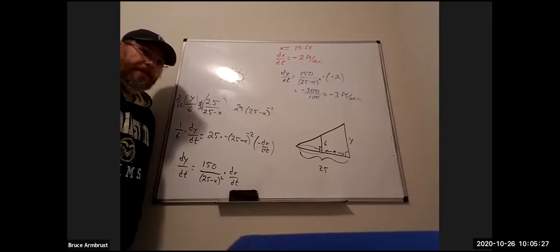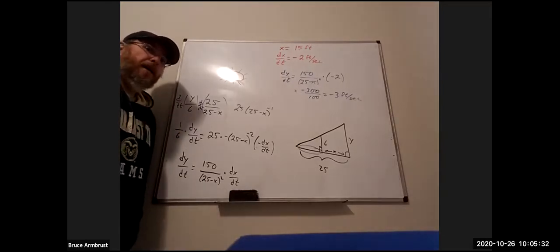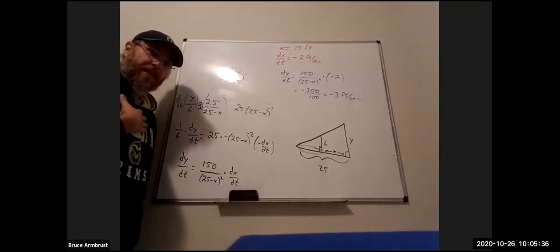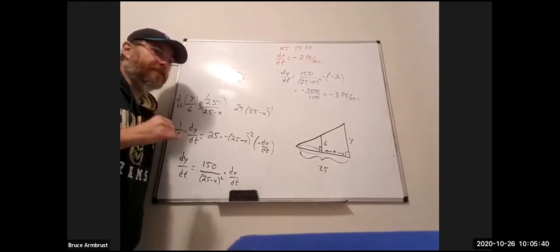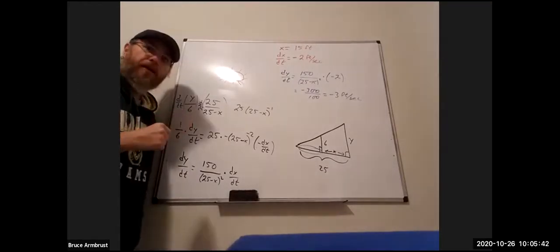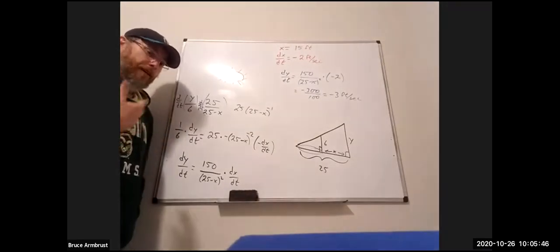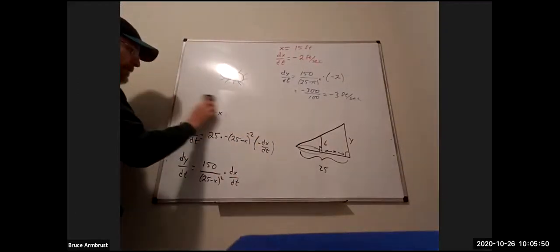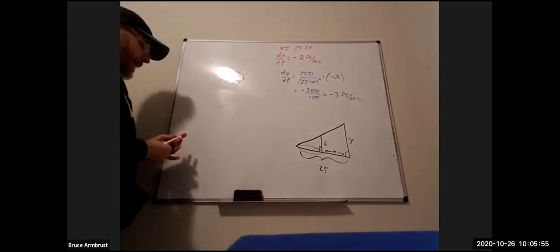All right, so that's how that one played out. Before we call it a day, I want to show you that had we gone with my original x, we would have gotten exactly the same thing. So I want you to see that it still plays out, that it didn't really matter which one we chose as long as we were consistent. So let me erase this piece and let's set it up using my x.